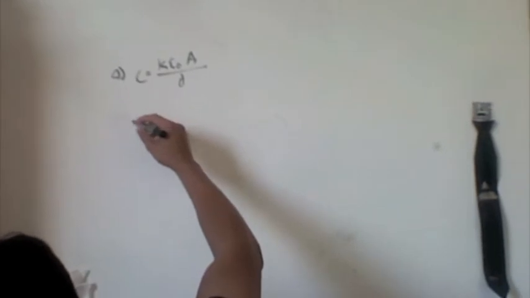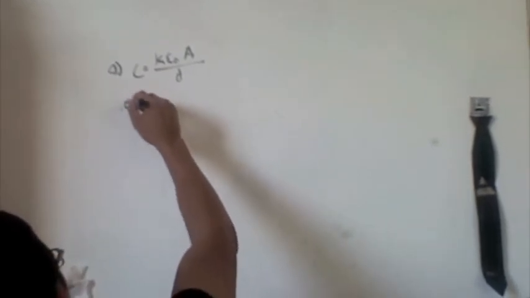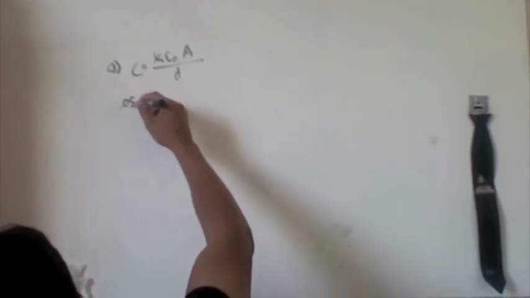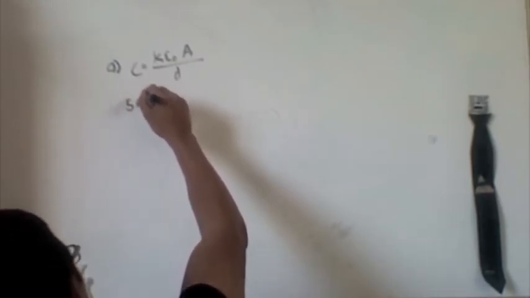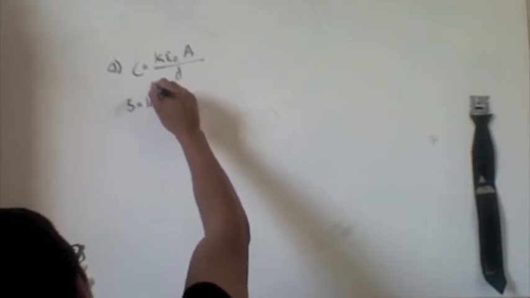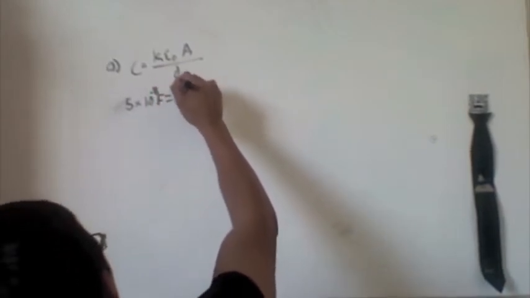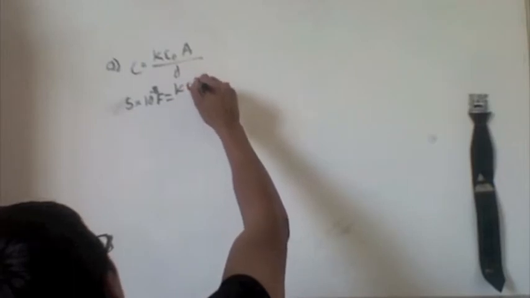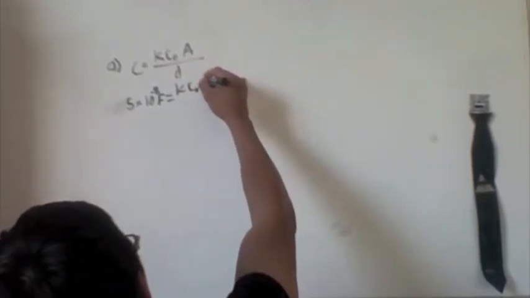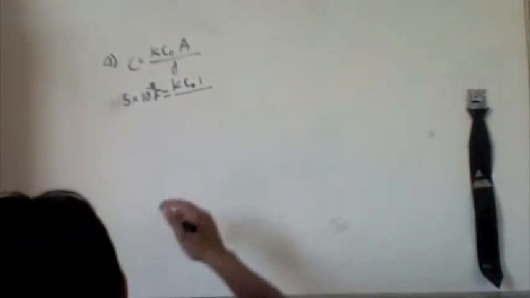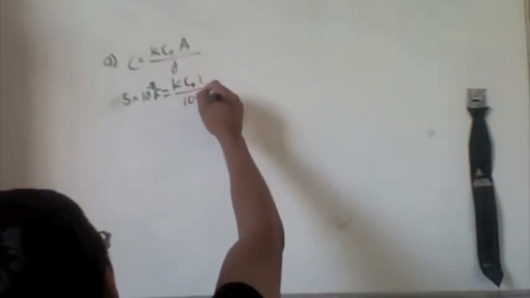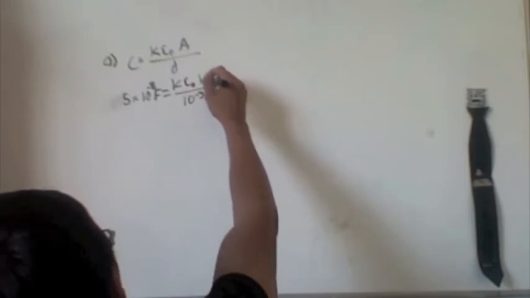They tell you that the capacitance is 0.05 microfarads, so that becomes times, equals, we're just looking for K. They tell you that the area is 1 square meter, so we're just going to have 1 here. And then the plastic is 10 to the -3 meters thick.